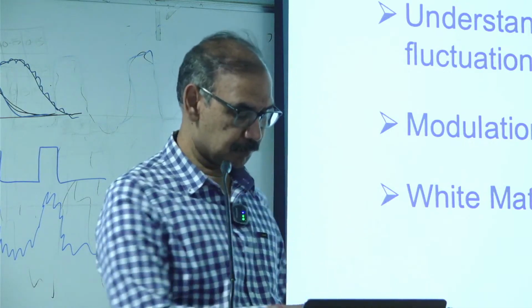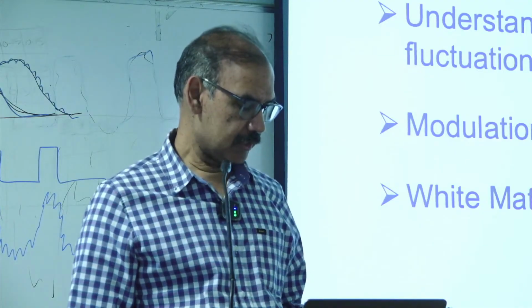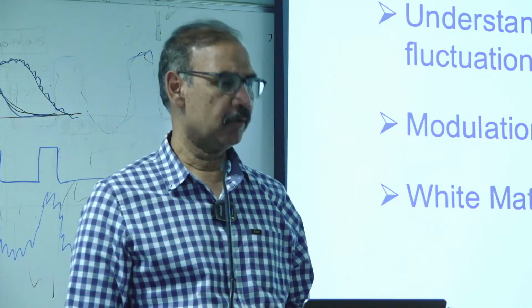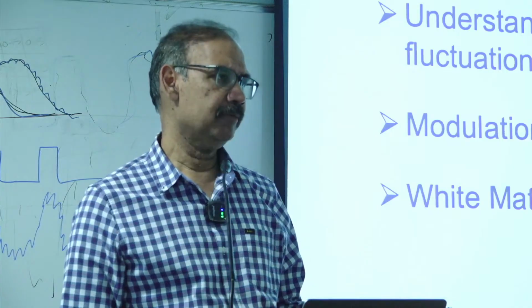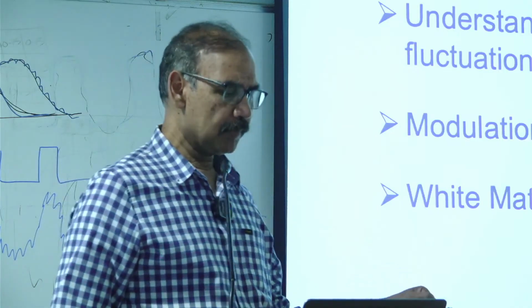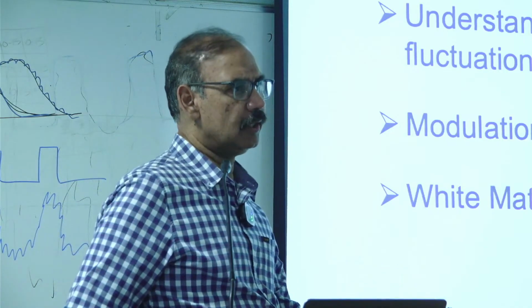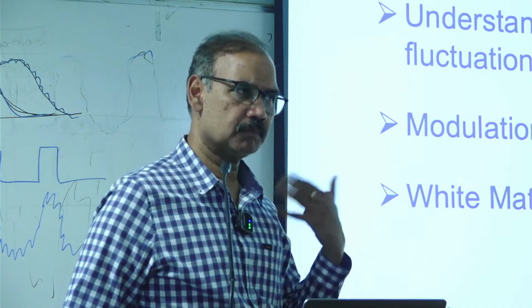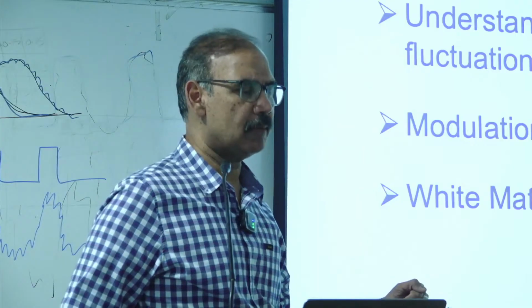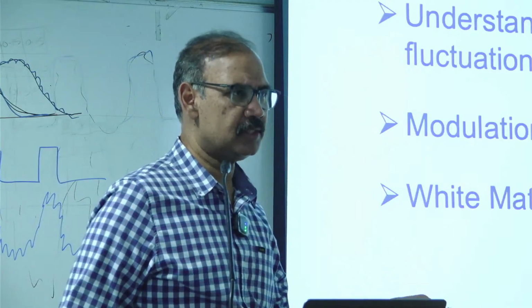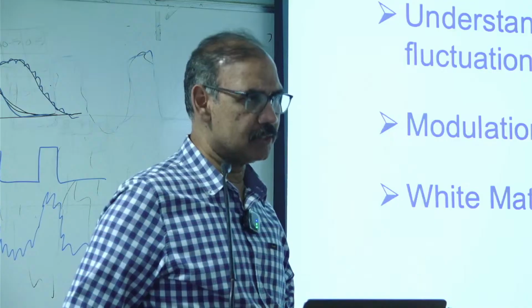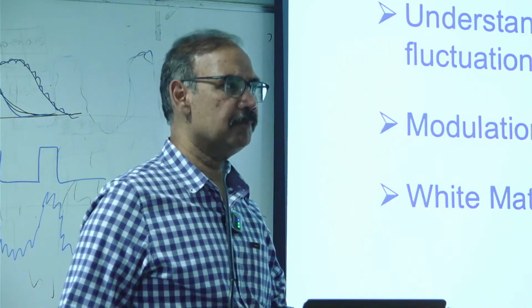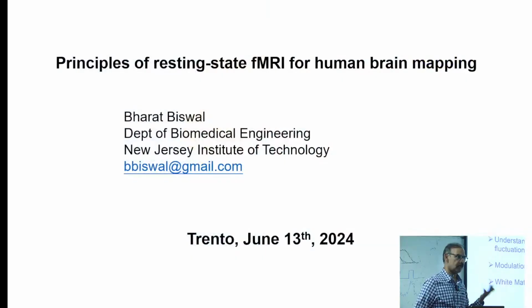Okay, so in this class I'm going to cover some of the work that we are currently doing, and tomorrow I will cover some of the controversies that still exist, some of the limitations of resting state, and perhaps what could be future work.